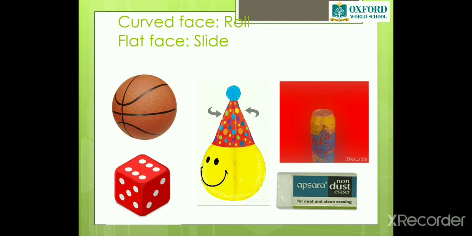Now what do you think? Does the eraser have a flat face or a curved face? Yes, it has a flat face. So we can slide the eraser and we cannot roll it. So all the shapes which have flat faces, we can slide them easily, and those which have curved faces, we can roll them easily, right?